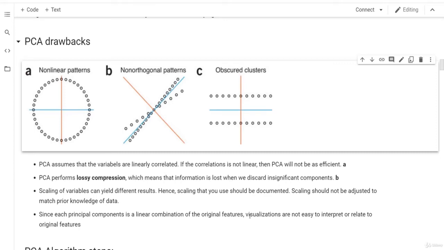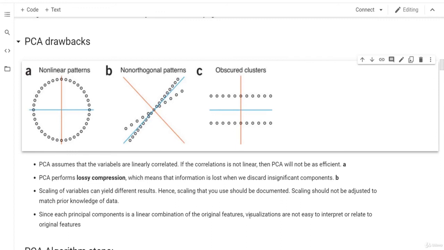You cannot really interpret this graph, right? Because we have two components and originally we had 10, and each component is a linear combination of all the original features. So the first component is a linear combination, the second component is also a linear combination of all the features. So visualizing it is okay, but trying to interpret what this means in terms of the original features is not very easy, okay?